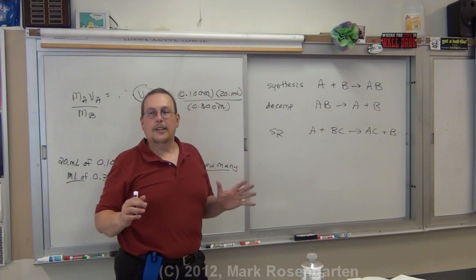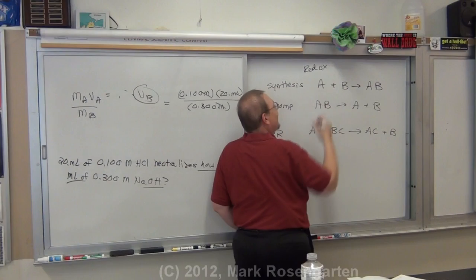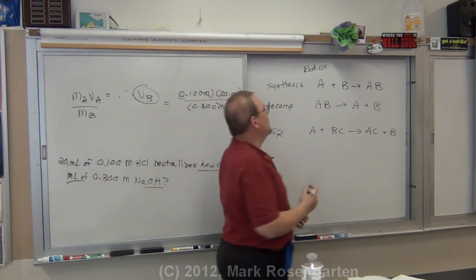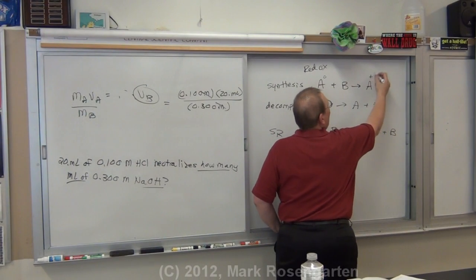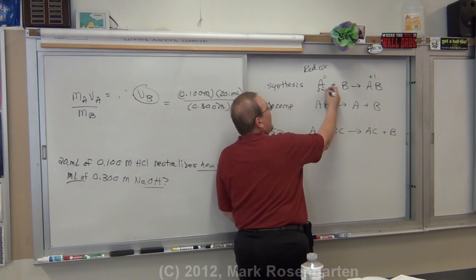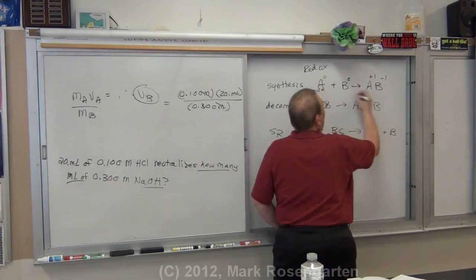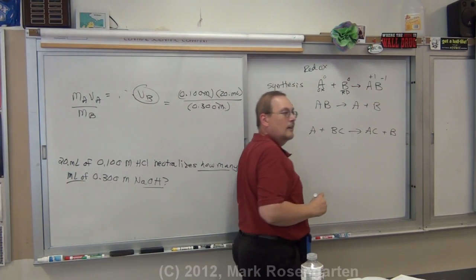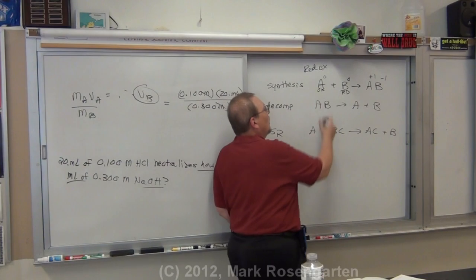The reason they're considered redox, which is short for reduction-oxidation reactions, is because the element that's by itself, when it goes into a compound, ends up with a charge. In this case, it's oxidized. The other element that goes into the compound is reduced. That's why it's called a redox reaction. Same deal here.